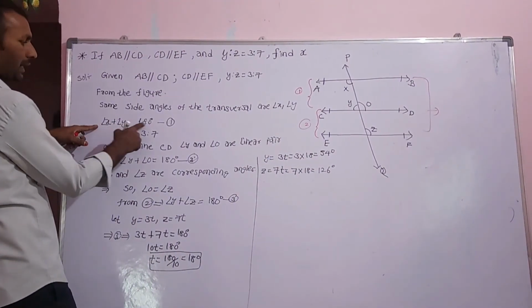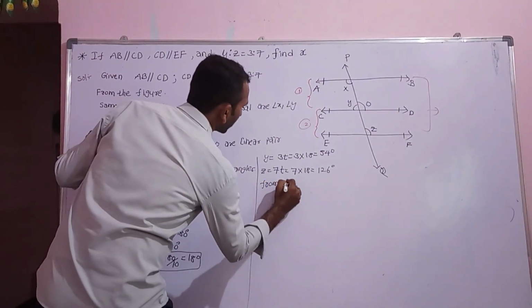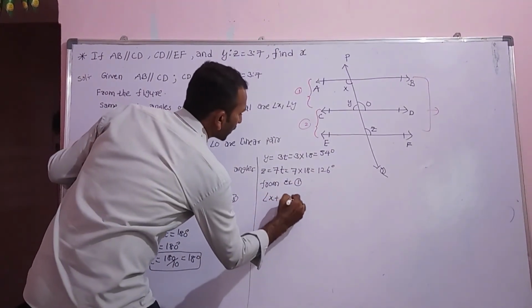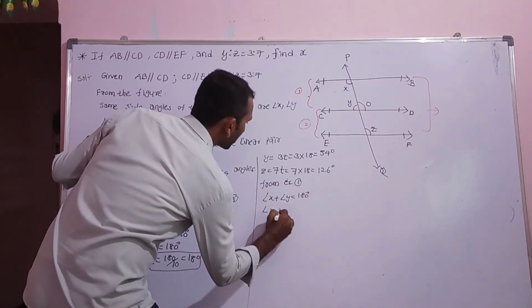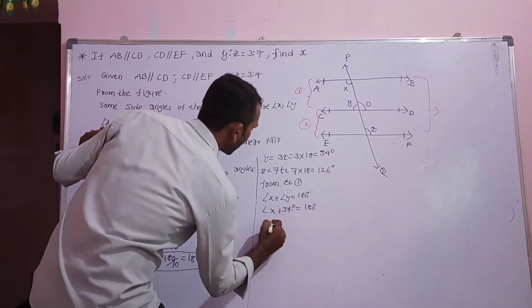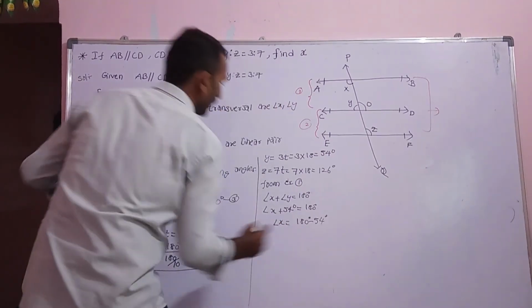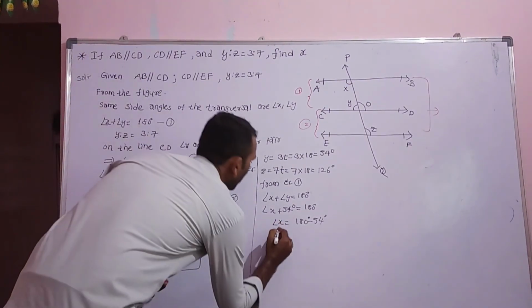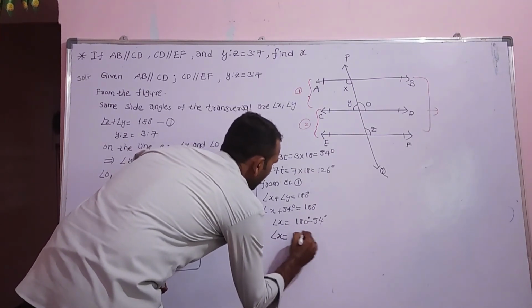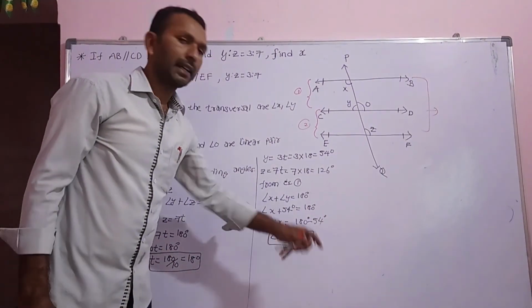From equation 1, angle X plus angle Y equals 180 degrees. So angle X plus 54 degrees equals 180, and angle X equals 180 minus 54, that means angle X equals 126 degrees. This is the angle X value.